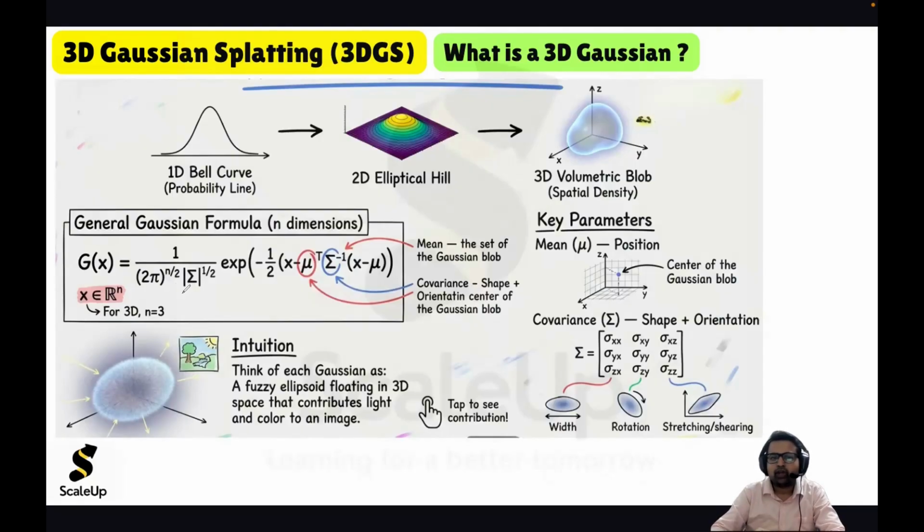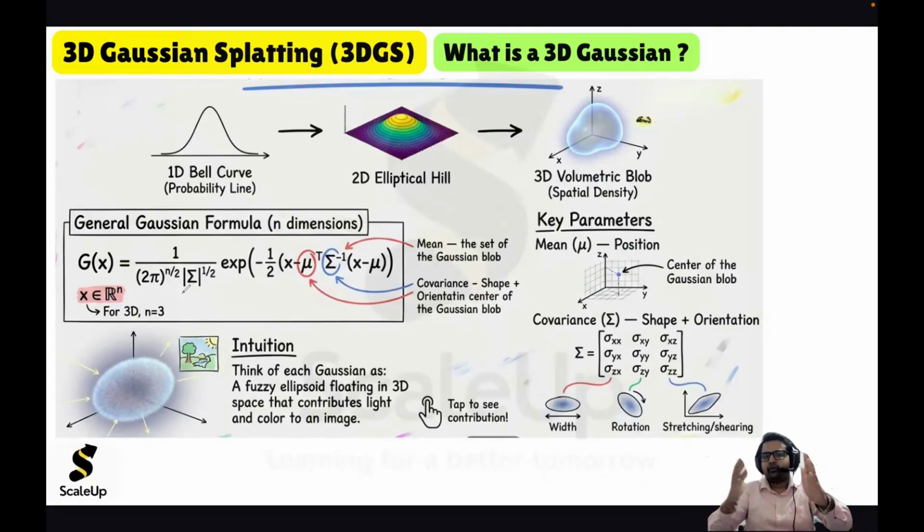So now we have a very good understanding of how we can represent a 3D Gaussian mathematically. In this formula, we have to replace n by 3. This formula is the mathematical representation of a 3D Gaussian. If this is the point x, it will have 3 coordinates, x, y, z. So if this is a point in space, what will be the probability density of that point?